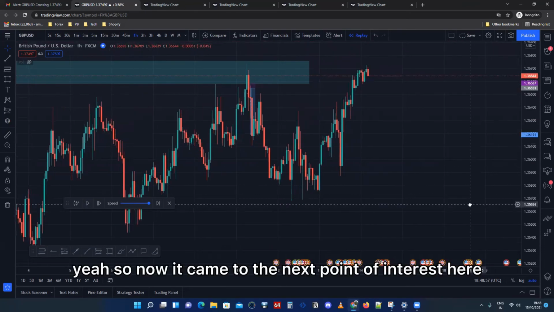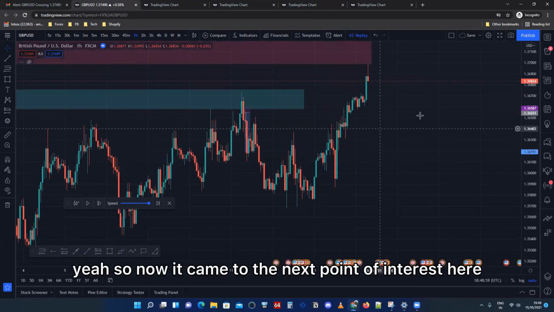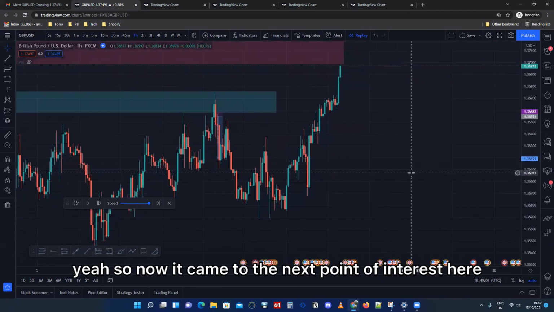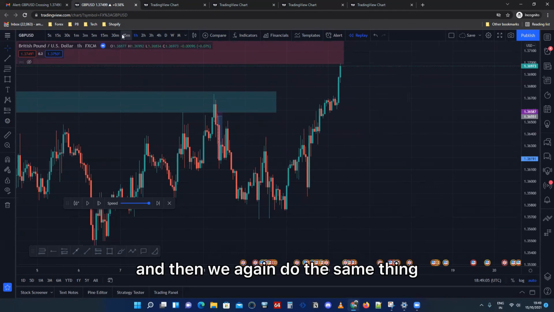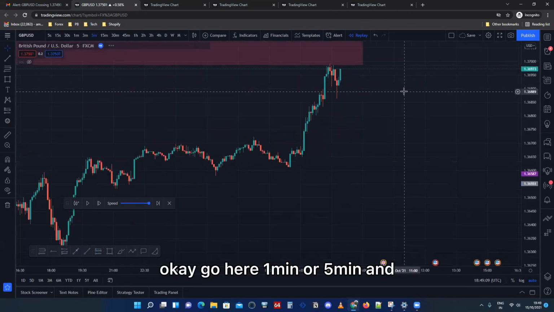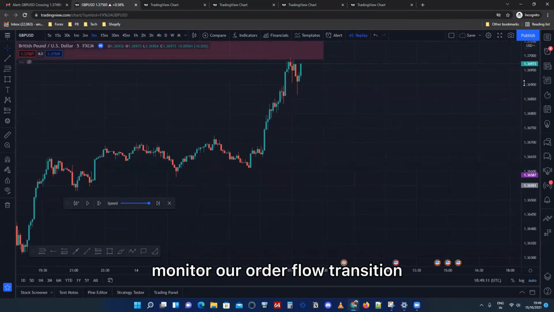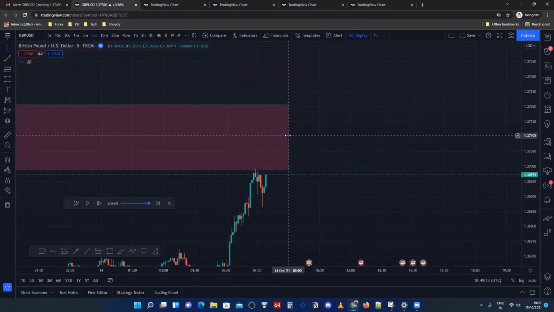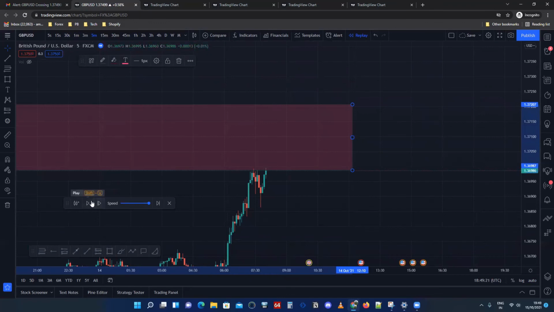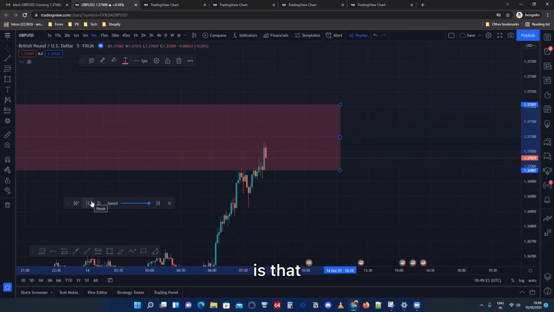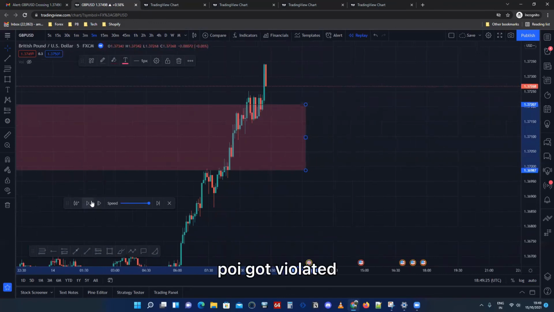Now it came to the next point of interest, from yesterday I think, and we again do the same thing. We go to the 1 minute or 5 minutes and monitor our order flow transition from bullish to bearish. Here, the POI got violated.